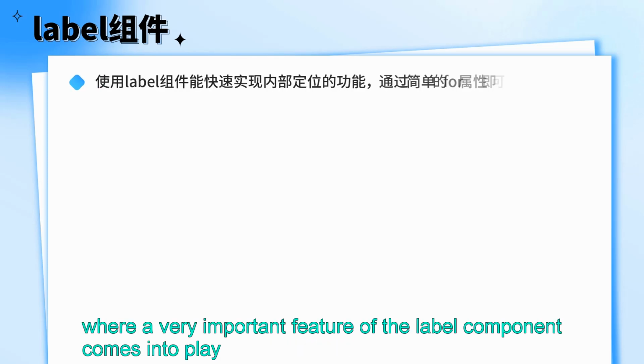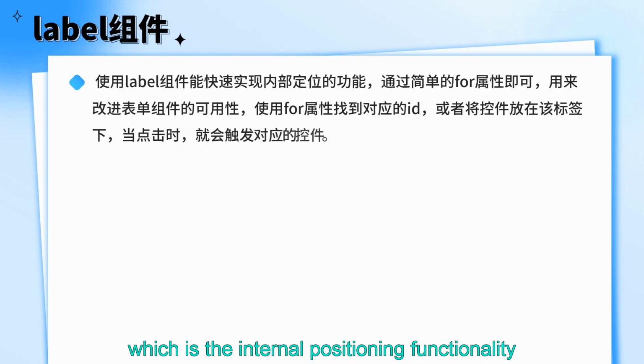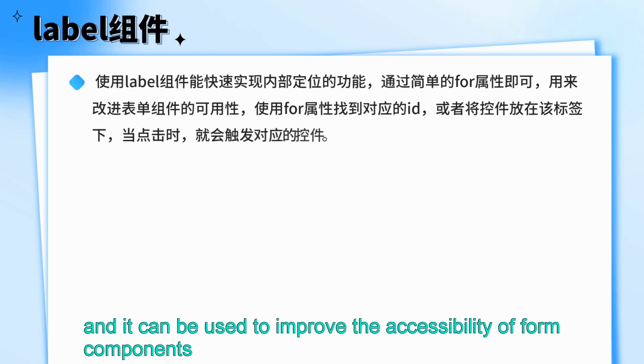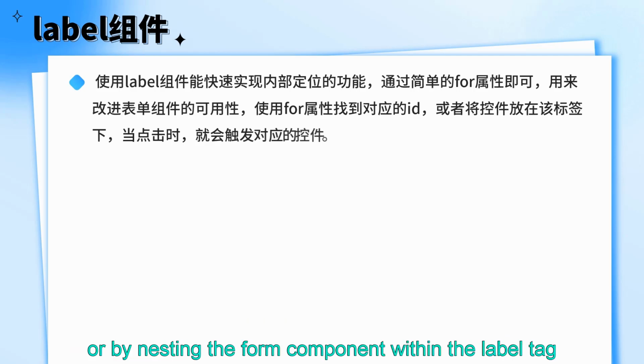This is where a very important feature of the label component comes into play, which is the internal positioning functionality. This can be achieved using the for attribute, and it can be used to improve the accessibility of form components by using the for attribute to find the corresponding form component's ID, or by nesting the form component within the label tag.